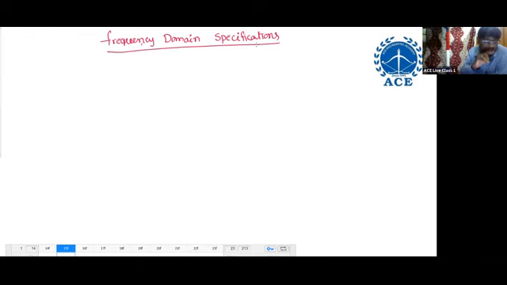So now consider the RLC circuit as shown in the figure.